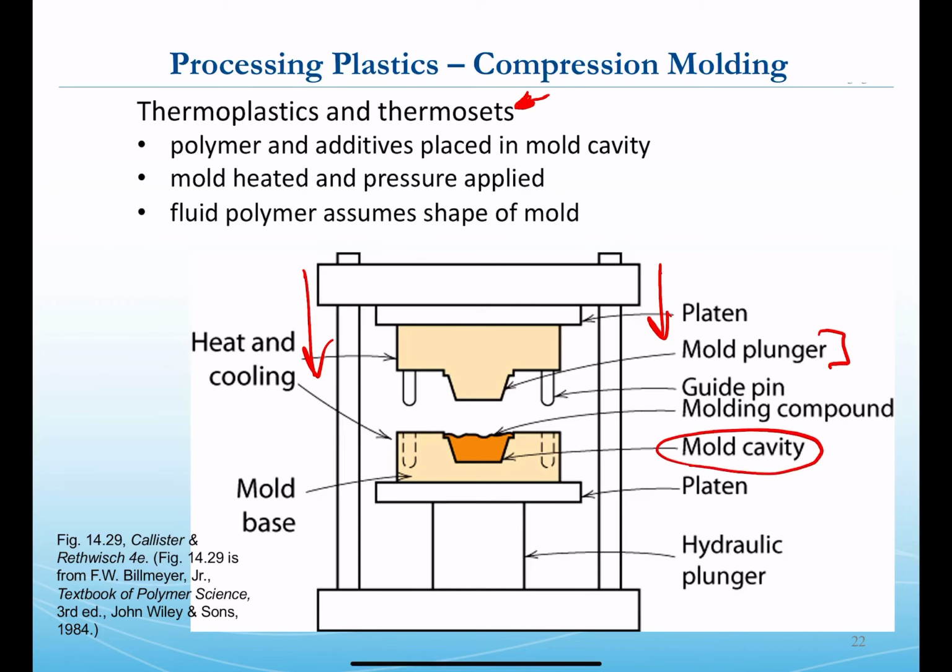And that mold cavity might receive some of that mold plunger, and any volume between that top mold plate and the bottom mold plate would create the ultimate volume and shape of the samples. So here, the combination of heating and pressure allows the polymer to access its fluid state and assume the shape of the mold, where the top plate and the bottom plate are carefully machined to set that shape.